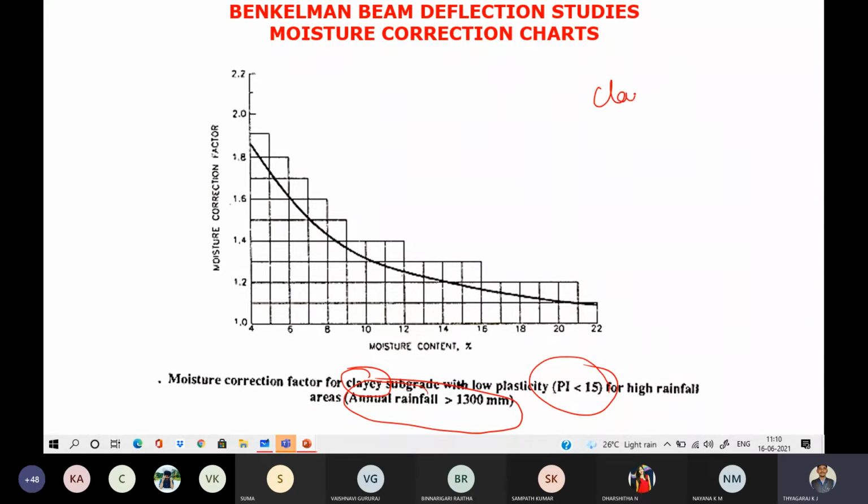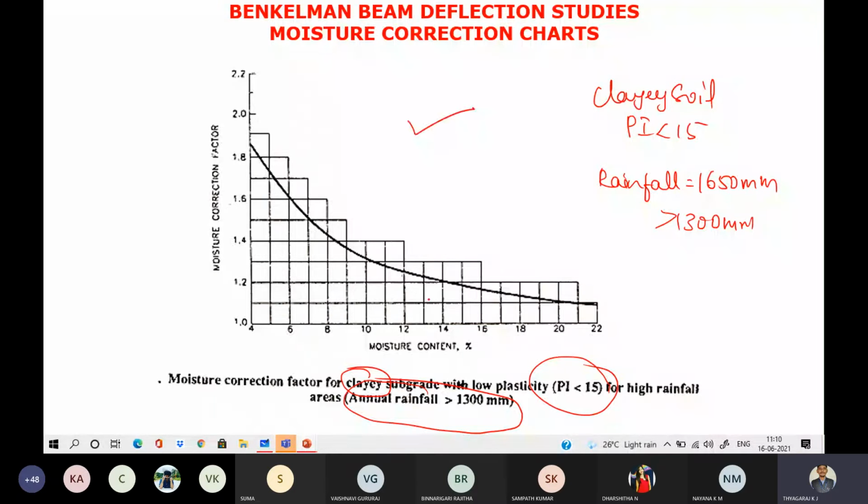Here rainfall is 1650, which is greater than 1300 mm. So we have to select this chart.